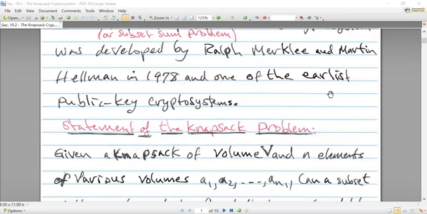So here's the statement of the problem. Given a knapsack of volume V and n elements of various volumes, A1, A2, up to An, where V and A1 up to An are all non-negative, and in fact, they need to be positive.